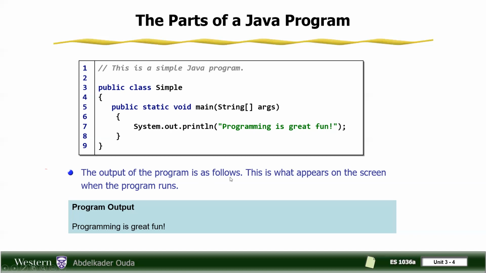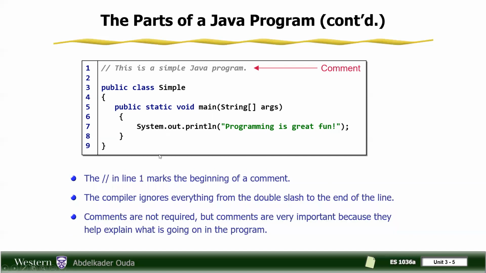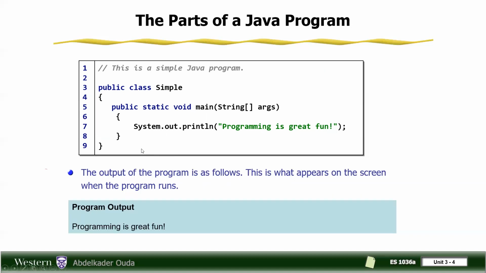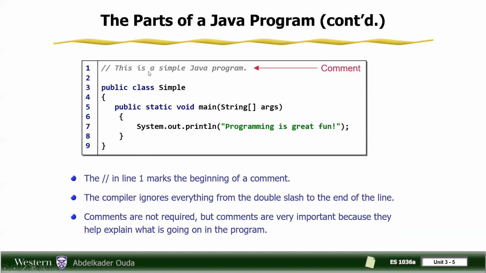The output is as follows. This is what appears on the screen when the program runs: Programming is great fun. So this statement is an output statement.